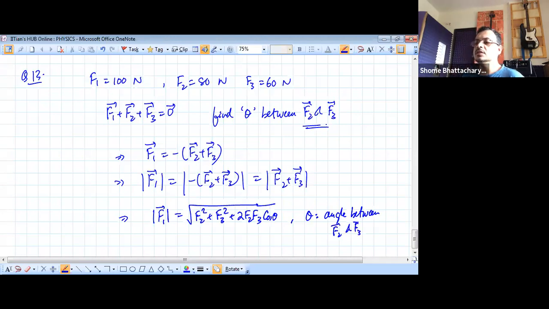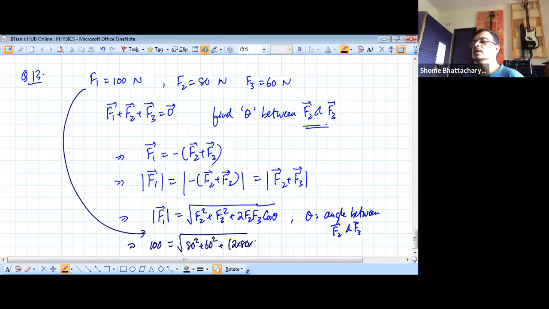Now the next thing you do here is you substitute these values. So you have 100 is equal to square root of 80 square plus 60 square plus 2 into 80 into 60 cos theta.